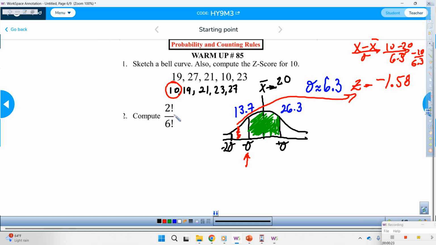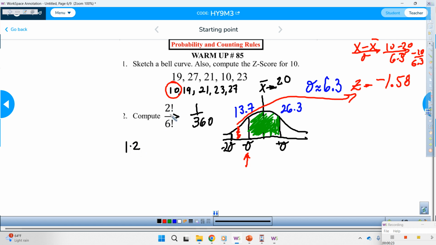2 factorial over 6 factorial. Amelia, what'd you get? 1 over 360. Hands if you got that. That is correct. So how does it work?